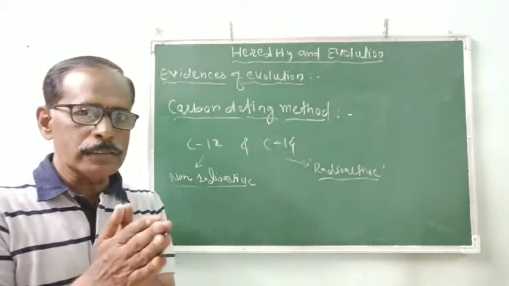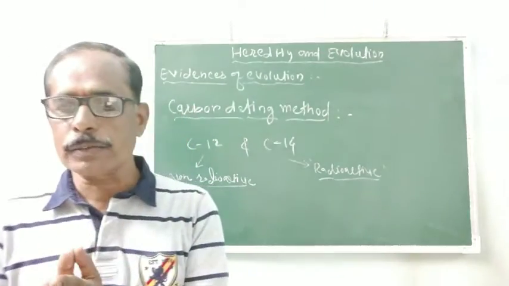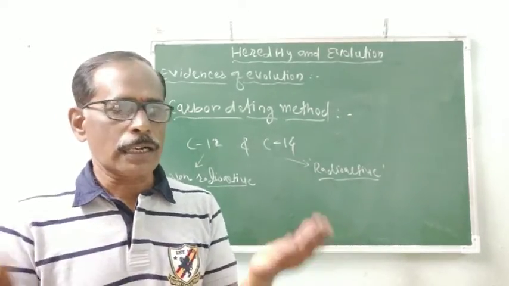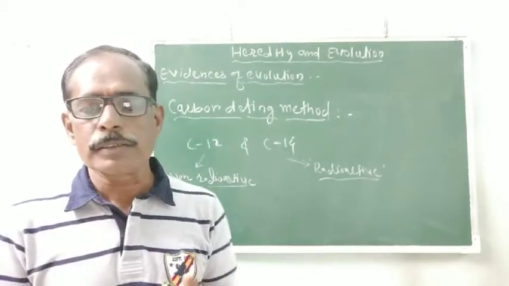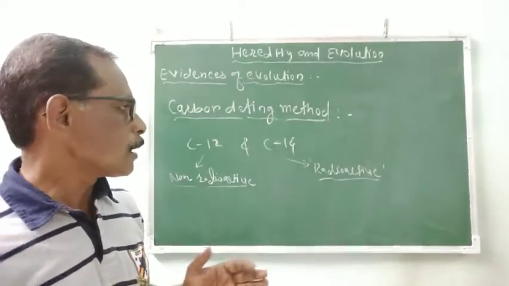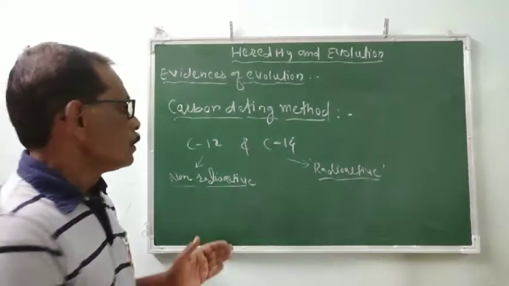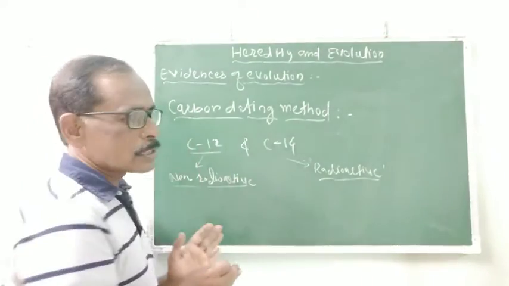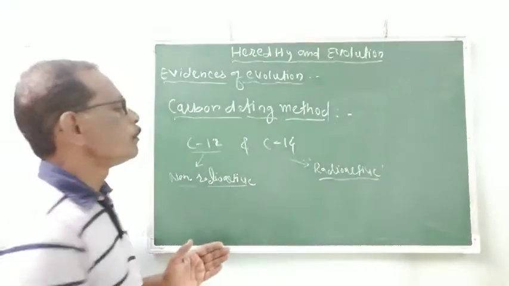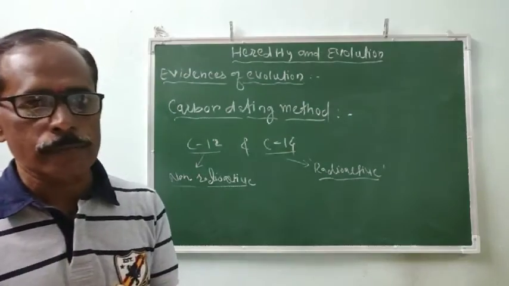After the death, that living organism does not take its food. It means that it does not take carbon molecules in, but the carbon molecules which are present in that dead body, carbon 12 remains constant, but the carbon 14 decreases due to the radioactive decay process.